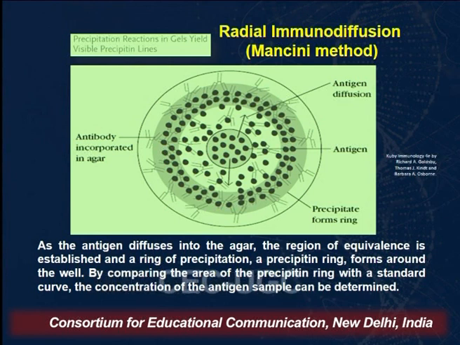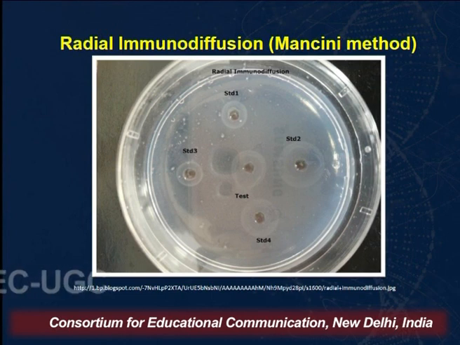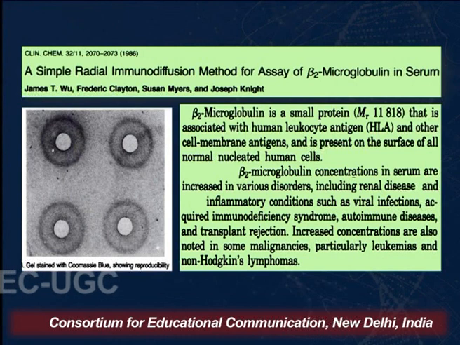So it can be determined. In this picture, the precipitin rings are formed around the central well. The antigen was loaded in the central well, and as the precipitin ring was formed in the region of equivalence, we can easily determine the area of the region of equivalence, and then compare it with the standard curve.